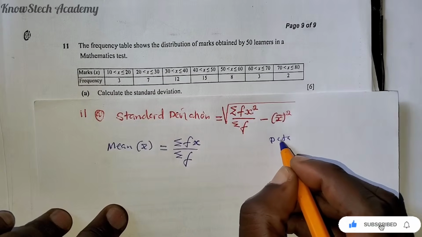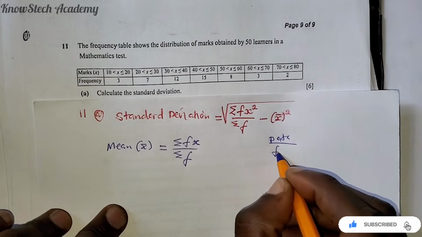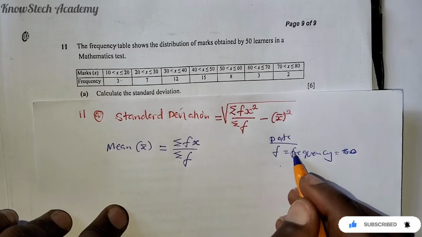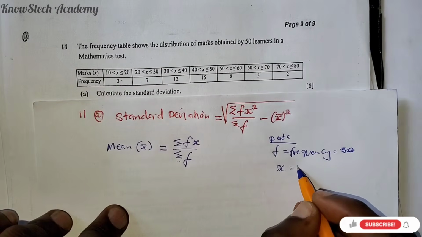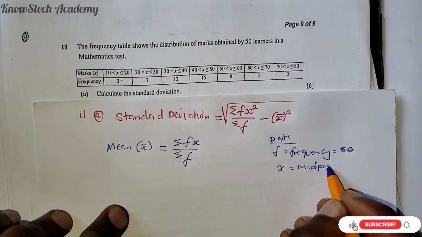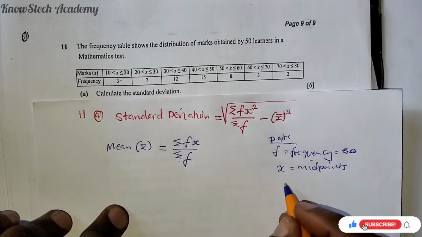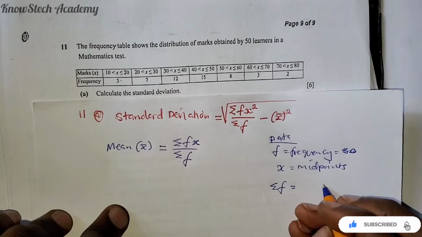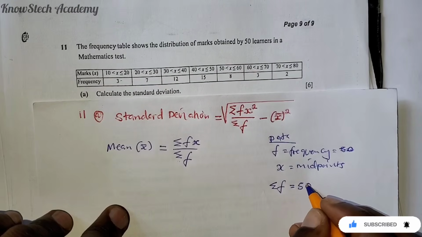When you analyze the data here, f is the frequency and x is the midpoint. The summation of f is the total frequency, which is 50.